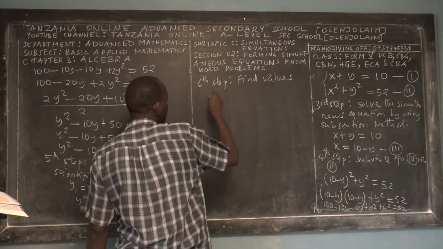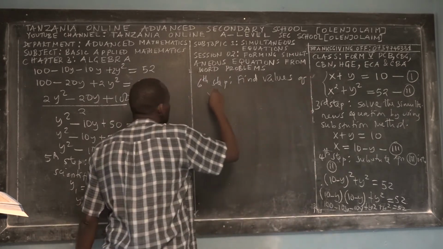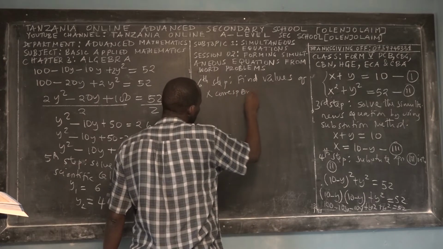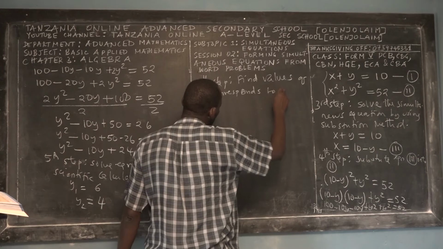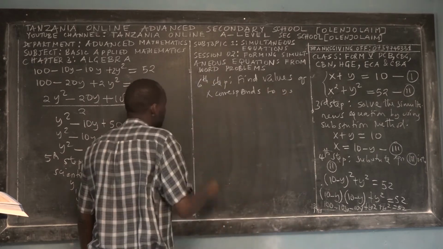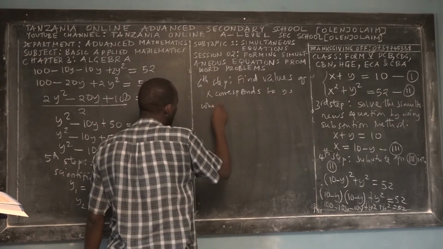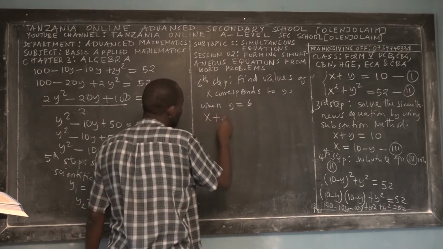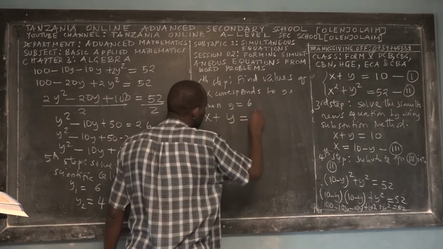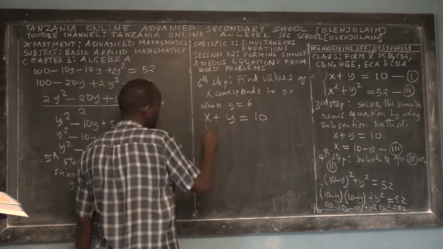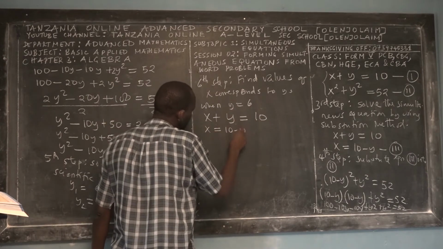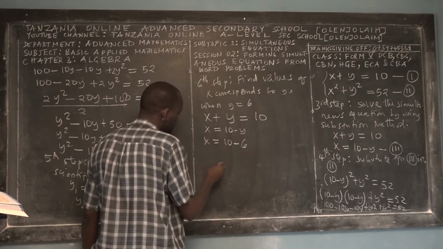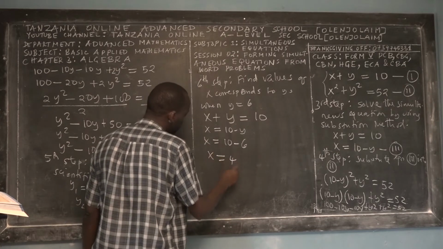Find the values of x that correspond to the y's. So simply, when y is equal to 6, take equation 1, x plus y is equal to 10. So x is equal to 10 minus y. The value of y is 6, so x is equal to 4.